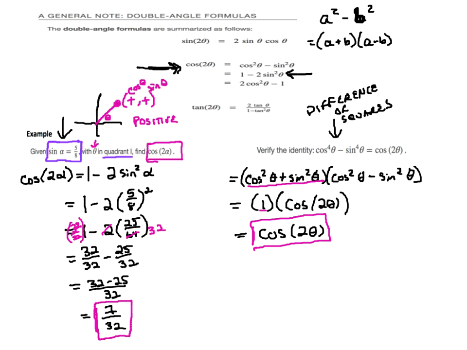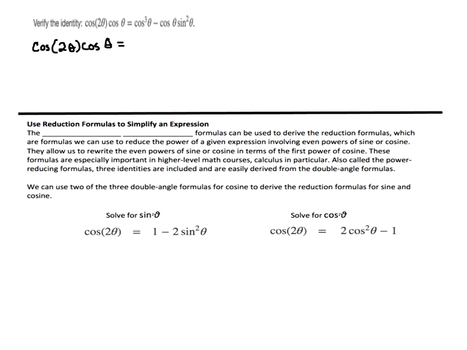The cosine of 2 theta is cosine squared theta minus sine squared theta. So I replaced cosine of 2 theta with cosine squared theta minus sine squared theta. And I'm multiplying that by cosine theta.